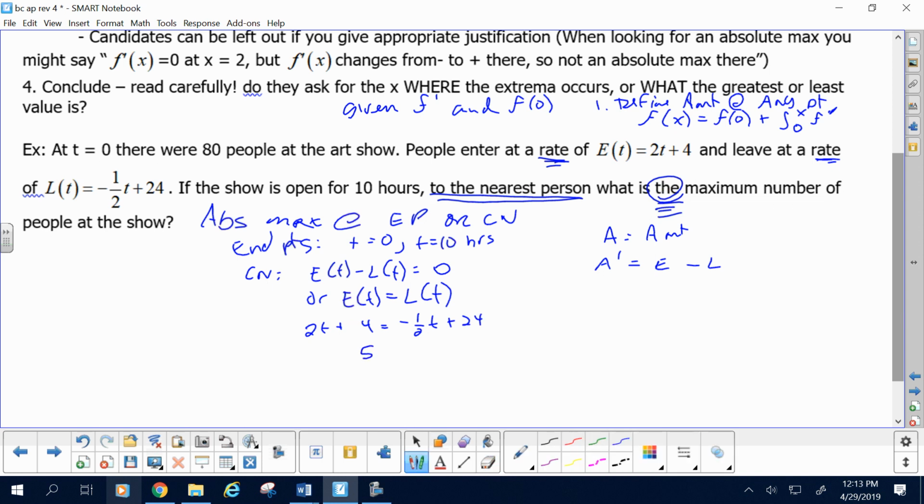What do we got there? 5 halves t. I could have sworn there's an error in here. 20 minus 45ths. Does that look right? Yeah, okay. So 8's a candidate. You with me? Okay. So how do I find the amount of people?